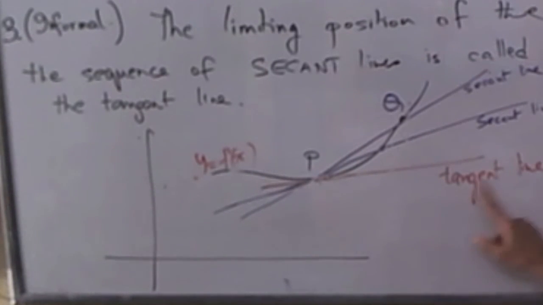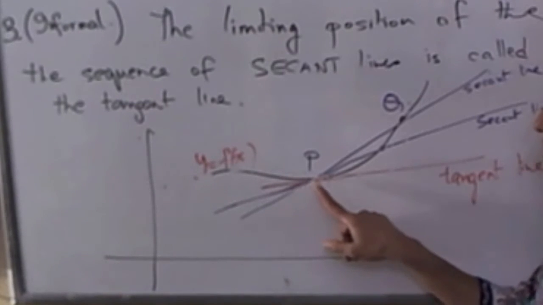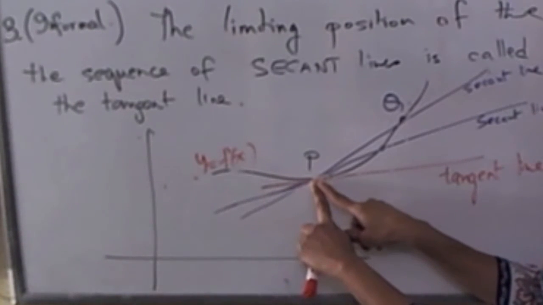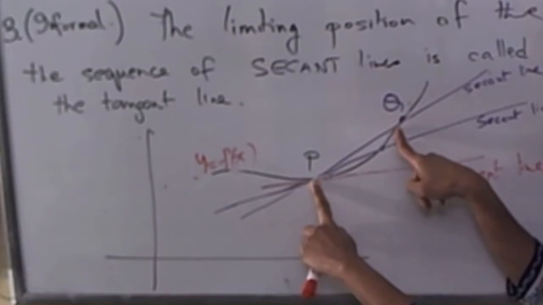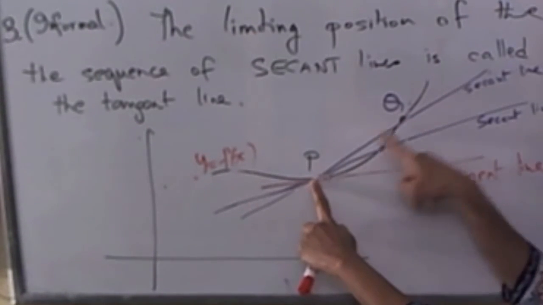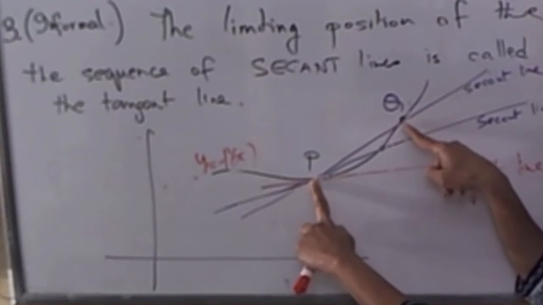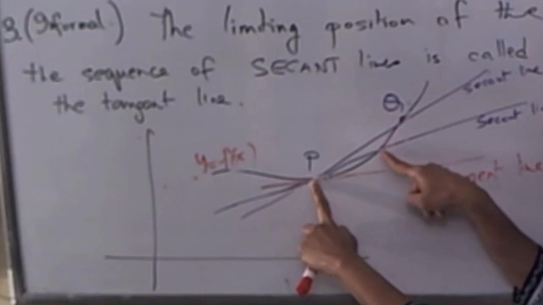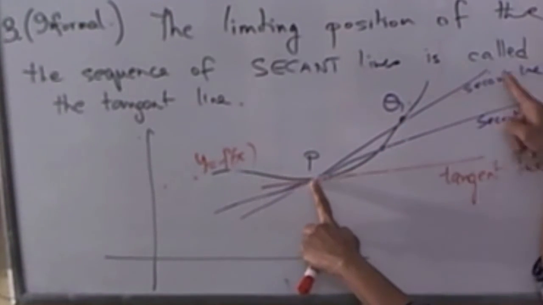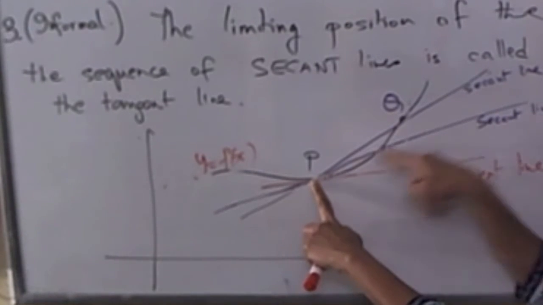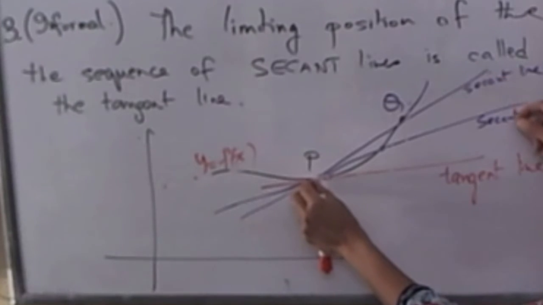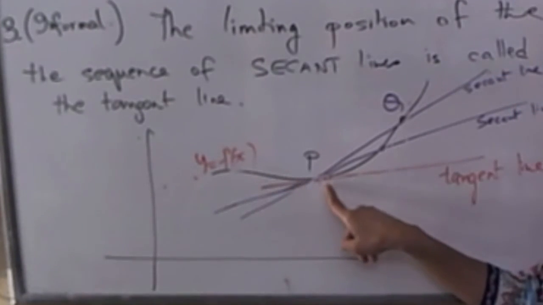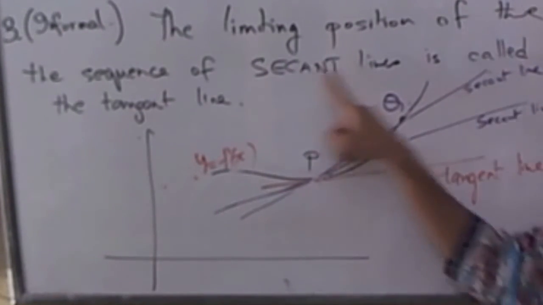So to think about the tangent line at P, think of another point, a point distinct from P on the graph. Connect those 2 points, call that the secant line. Now as you slide Q toward P, think about what's happening to the sequence of those secant lines.